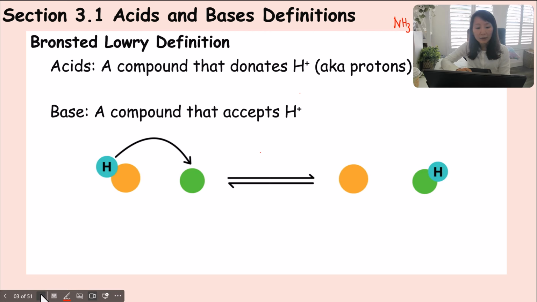If you look at this image, you can see how this acid has the ability to donate its H to this green compound. Because it has the ability to donate, we consider this an acid. And because this green one is going to accept it, and you see in the product that it has accepted it, this would be the base.